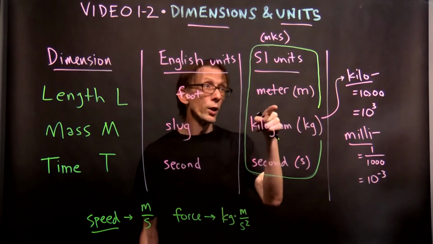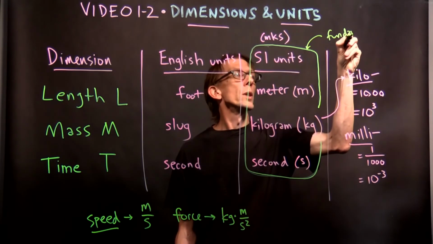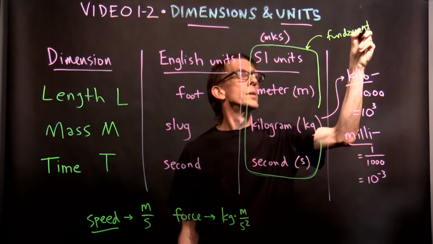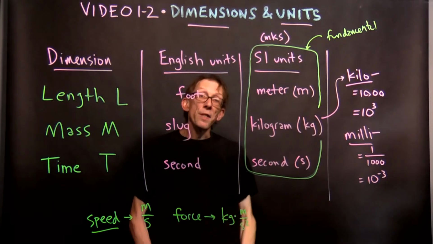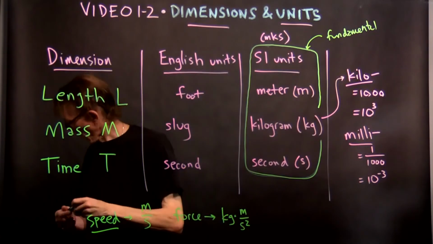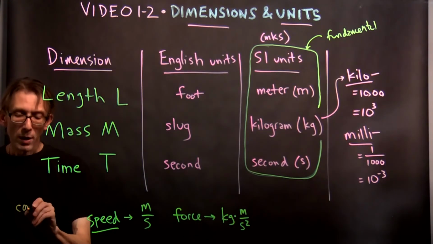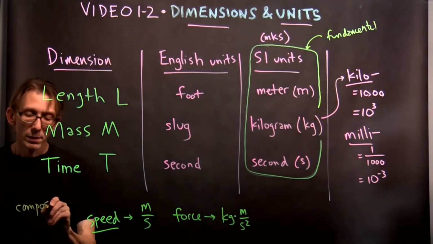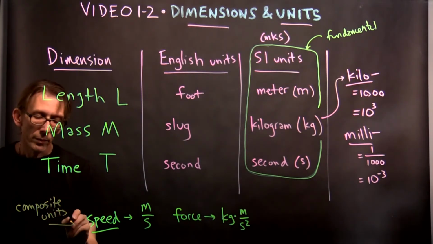So these units here are known as fundamental units. The meter, the kilogram, the second. But then we build up other units out of them. So these units here are known as composite units.